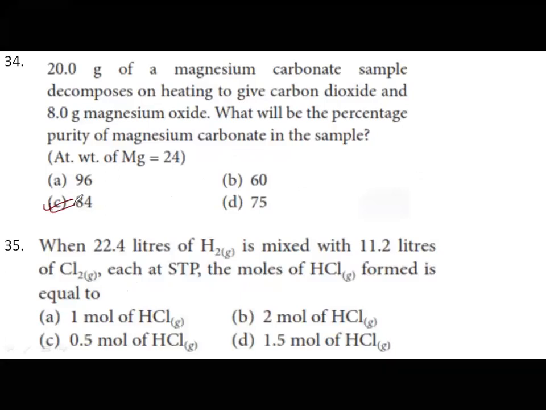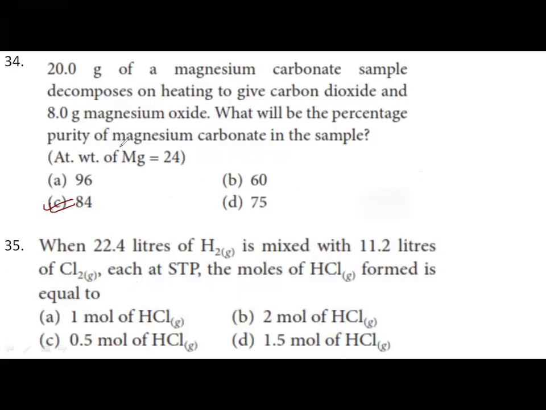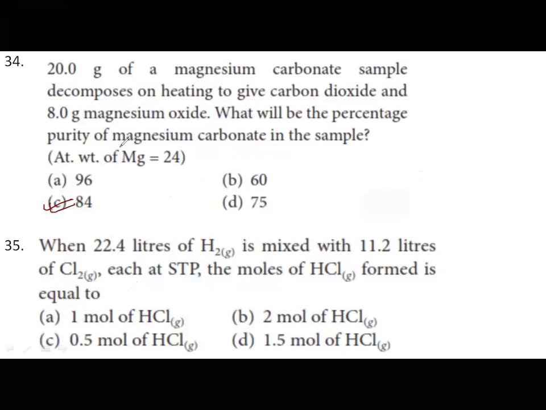84%. Right. Next question. When 22.4 liters of hydrogen gas is mixed with 11.2 liters of chlorine gas, each at STP, the moles of HCl gas formed is equal to? Okay.